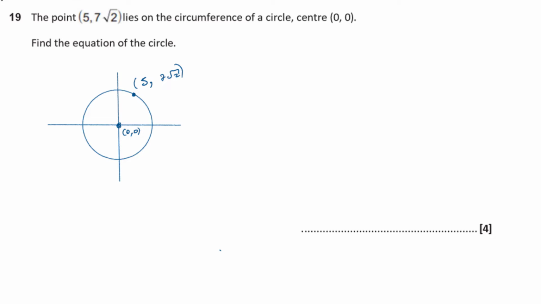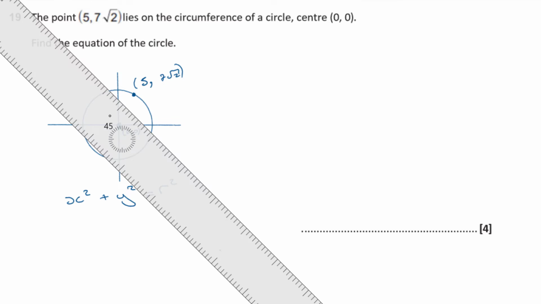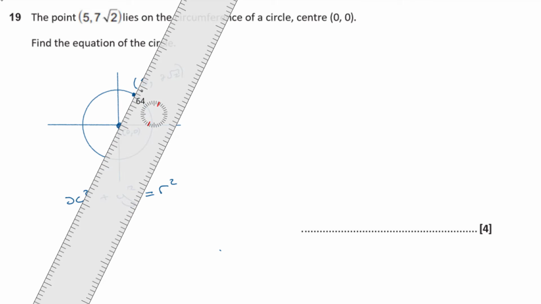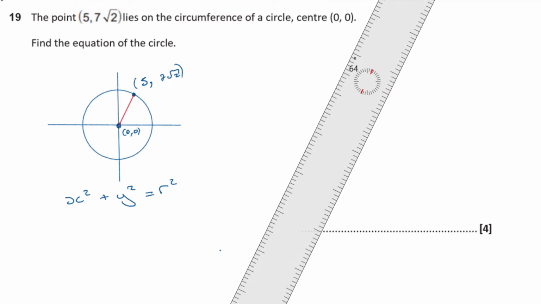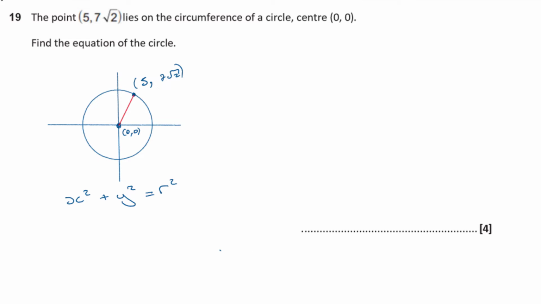Now, the equation of a circle centered on the origin is always of the form x squared plus y squared equals r squared, where r is the radius of the circle. The radius of the circle is this line here. So to find the equation of this circle, all we really need to do is find the length of that radius.